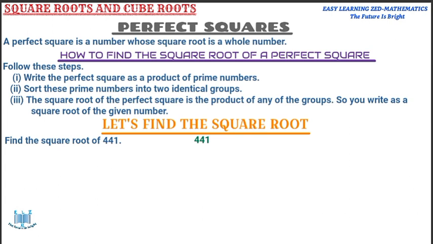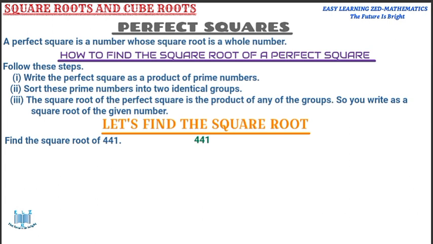When I reach that stage, I'll show you. If you know the prime numbers that give a product of 441, you can write them. But if you don't know, you follow the steps I'm going to show you.